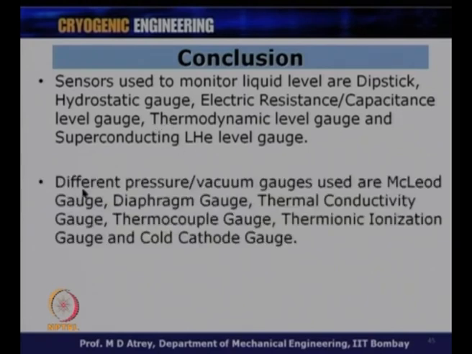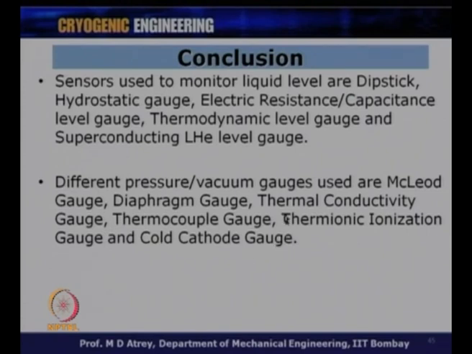And in this particular lecture, we have seen different pressure or vacuum gauges used, and we have seen the principles of working of the McLeod gauge, diaphragm gauge, thermal conductivity gauge, thermocouple gauge, thermionic ionization gauge and cold cathode gauge, of which, as I told you, the thermal conductivity gauge is normally called the Pirani gauge, and the cold cathode gauge is normally referred to as the Penning gauge.